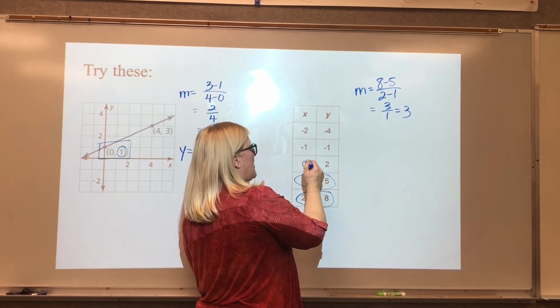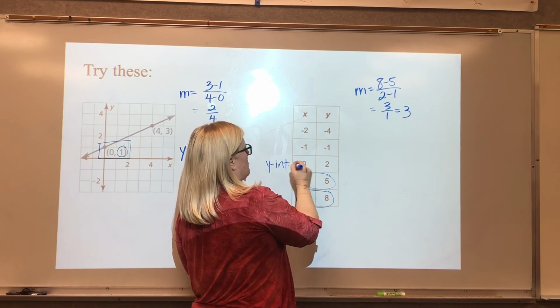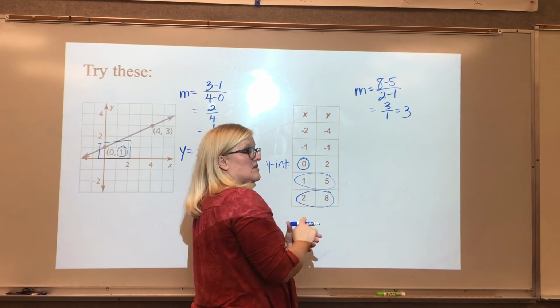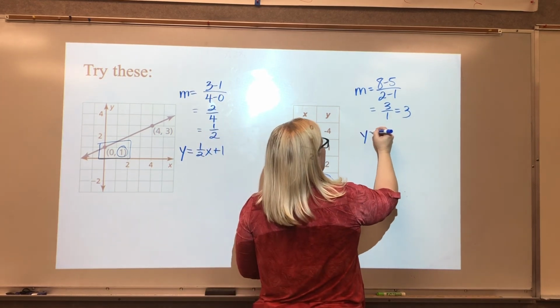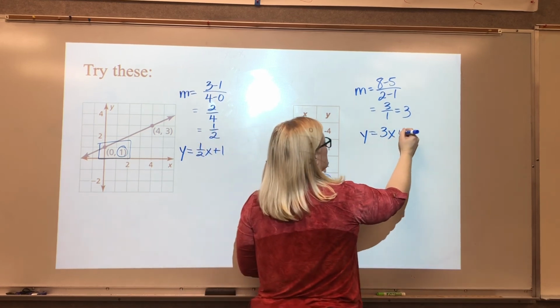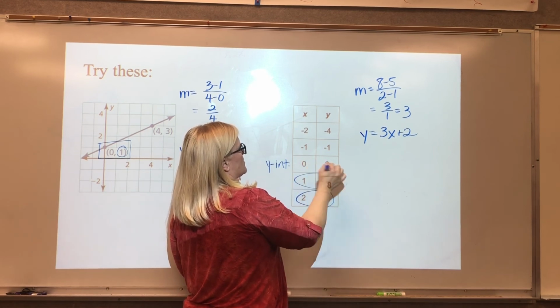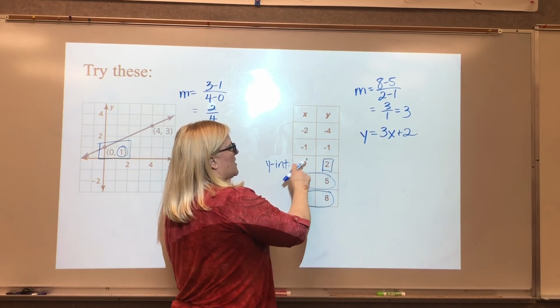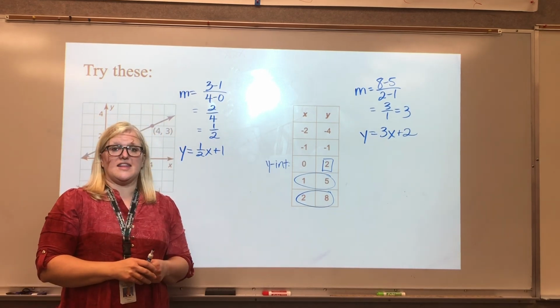And again, right here is my y-intercept because of the x being 0. So I have y equals 3x plus 2. I guess I should probably circle this one. This is my y-intercept, because x is 0. Okay, we will go on in the next video.